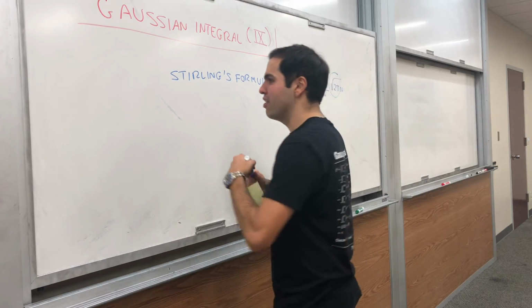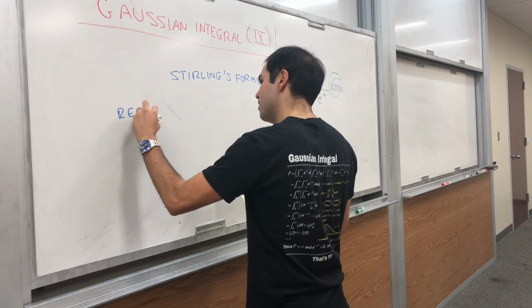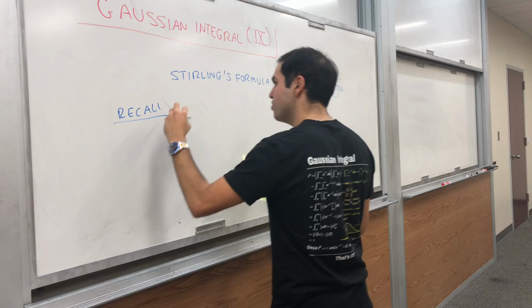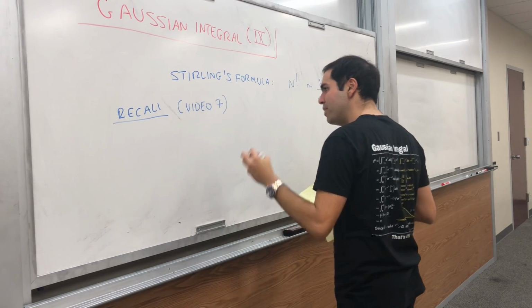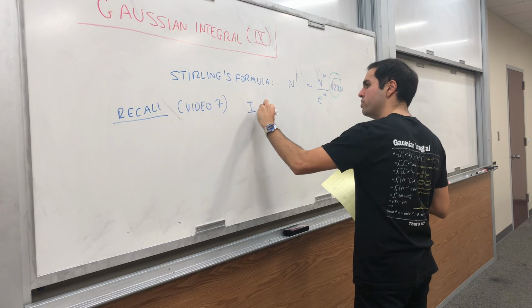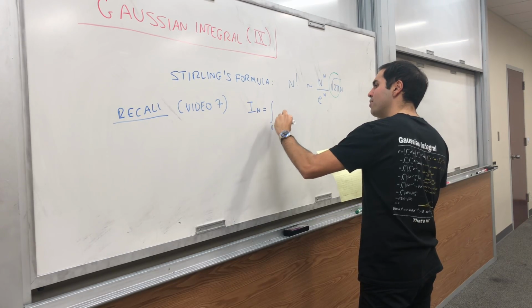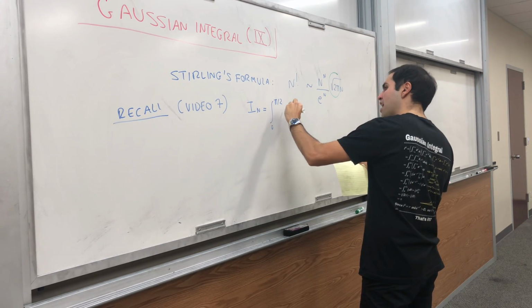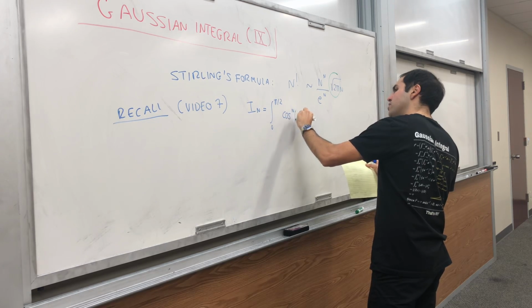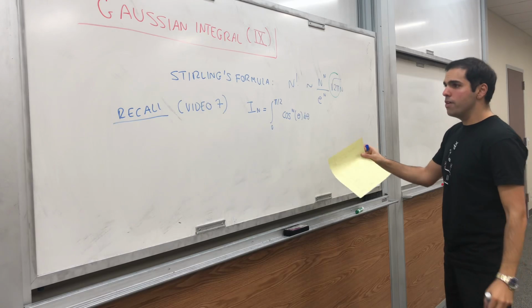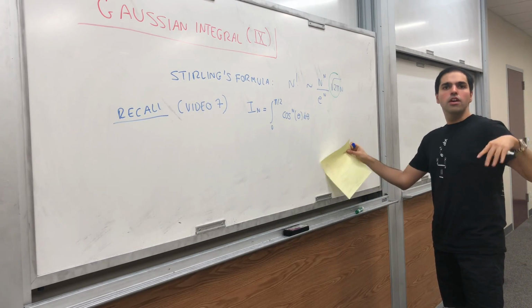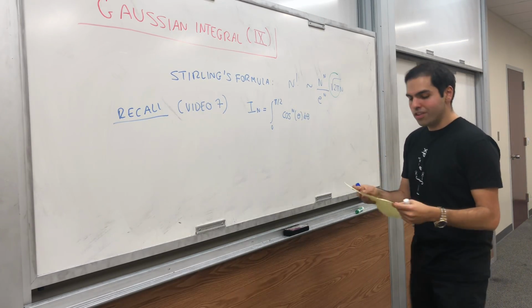So just recall the following. That was, I think, video 7. We define our powers of cosine. So I_n was the integral from 0 to pi over 2, cosine to the n of theta d theta. And we proved a nice sort of recursive formula for those I_n's.